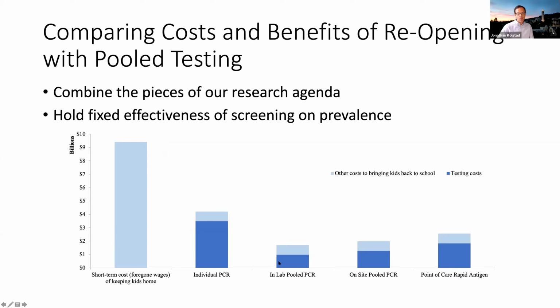But what I want to note here and focus on is that in-lab pooled PCR, which looks like what we're talking about, this is exactly the model, takes this down to the actual testing costs per week being around $1 billion a week. So if you said, let's reopen all the schools with universal pooled PCR testing for all the students and staff, you get about a 10-to-1 ROI just relative to the wages that we would gain from having kids go back to school.